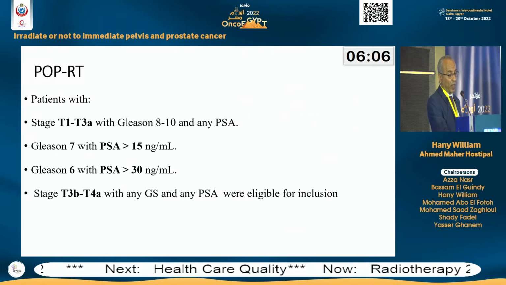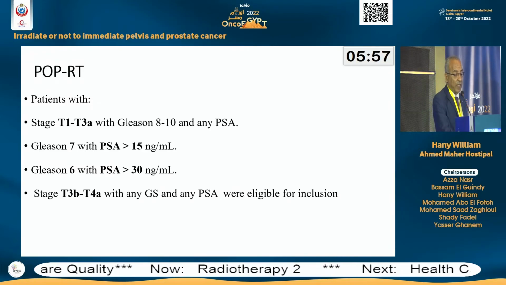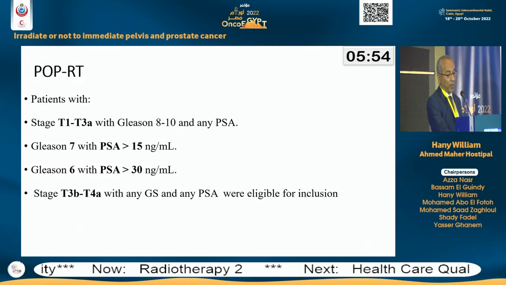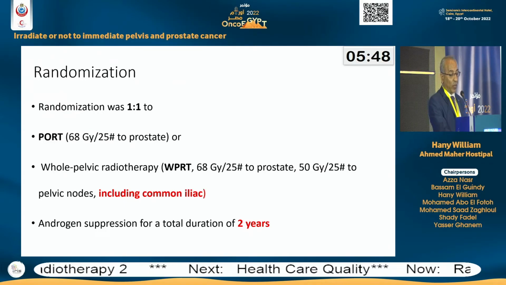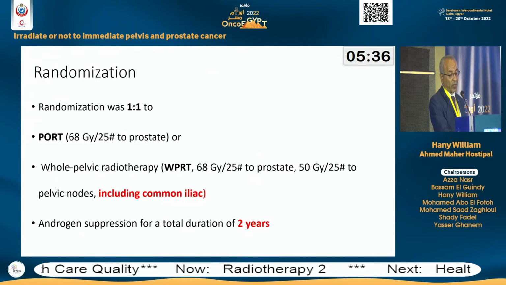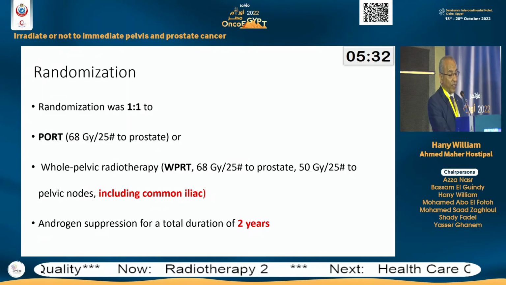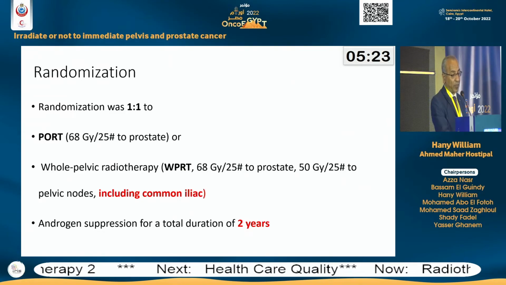The patients included stage 1 to 3A with Gleason 8 to 10, Gleason 7 with PSA more than 15, Gleason 6 with PSA more than 30, or T3B, T4 with any Gleason, any PSA. They were randomized 1-to-1: localized radiotherapy 68/25 hypofractionated to the prostate versus whole pelvis, 68/25 for the prostate and 50 gray to the pelvis, including the common iliac lymph nodes, which were not included in the previous two trials, and androgen suppression for a total duration of 2 years, which was 6 months in the previous two trials.